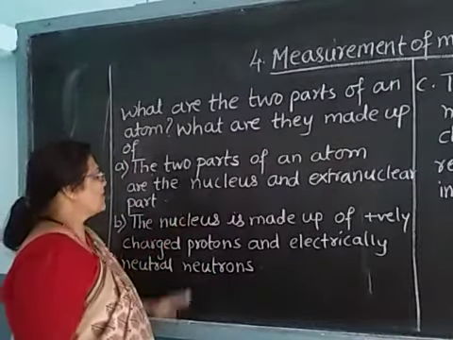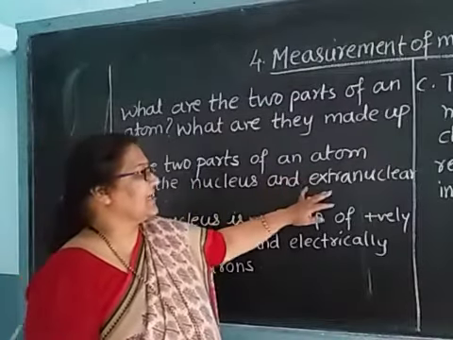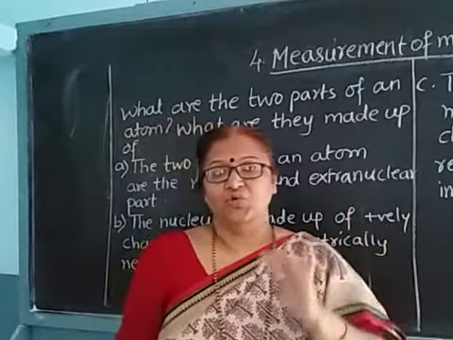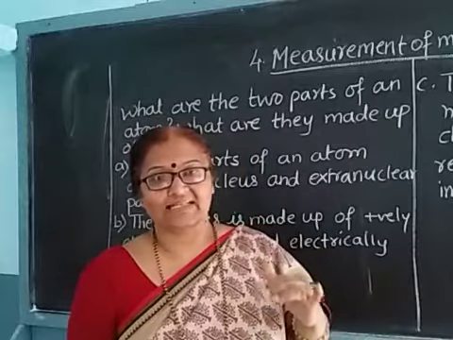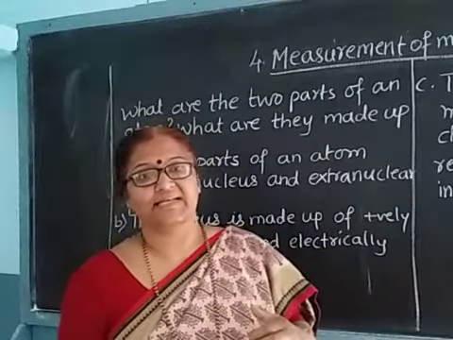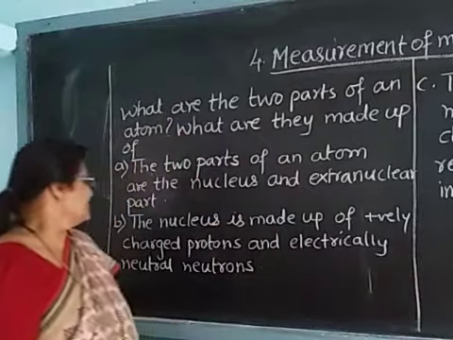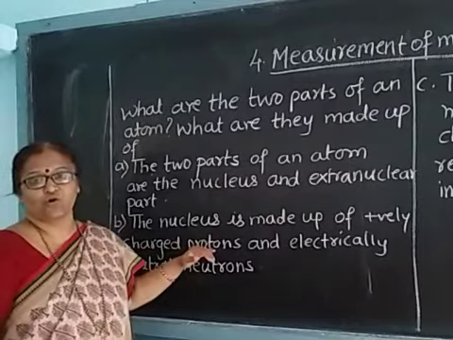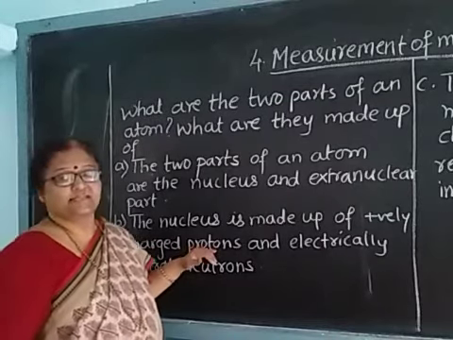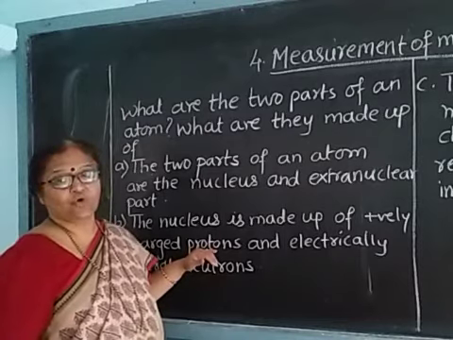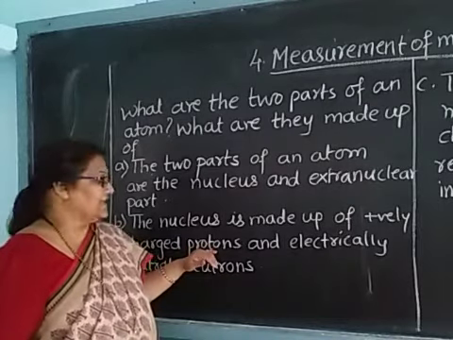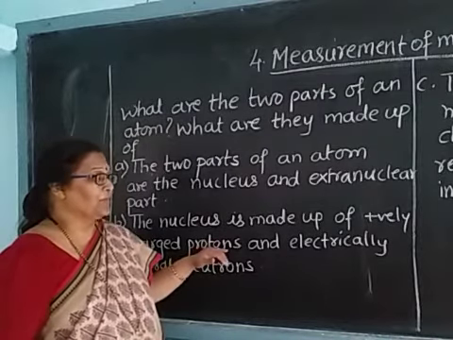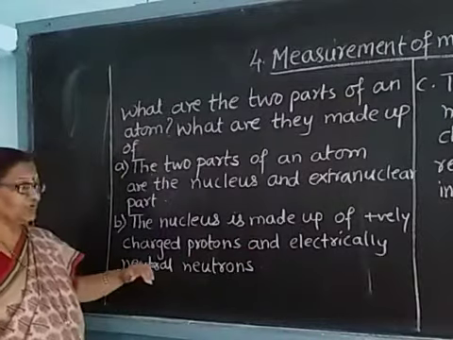See, the two parts of an atom are the nucleus and the extranuclear part. If you see the atom, it has a nucleus at the middle and the extranuclear part which is present around the nucleus. Now see here, the nucleus is made up of positively charged protons and electrically neutral neutrons.